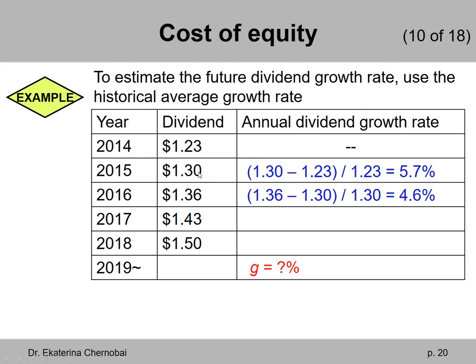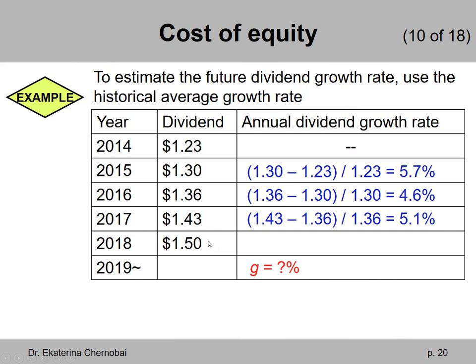It's a 6-cent increase, which is a 4.6% increase, or the growth rate in dividends for that year. Then for the year after, we have $1.43 minus $1.36 divided by $1.36. The increase in dividends was 5.1% over that 1 year period.